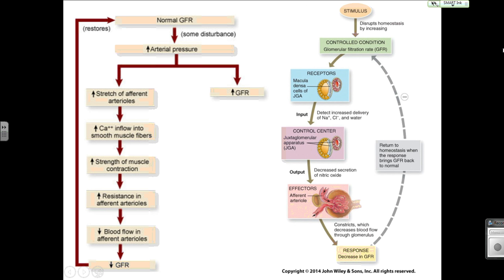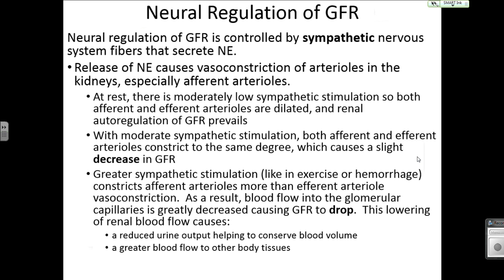Okay. This feedback loop is illustrating that process. And it is negative feedback that this operates by as well. Any questions on autoregulation? Okay, let's move on to neural regulation.